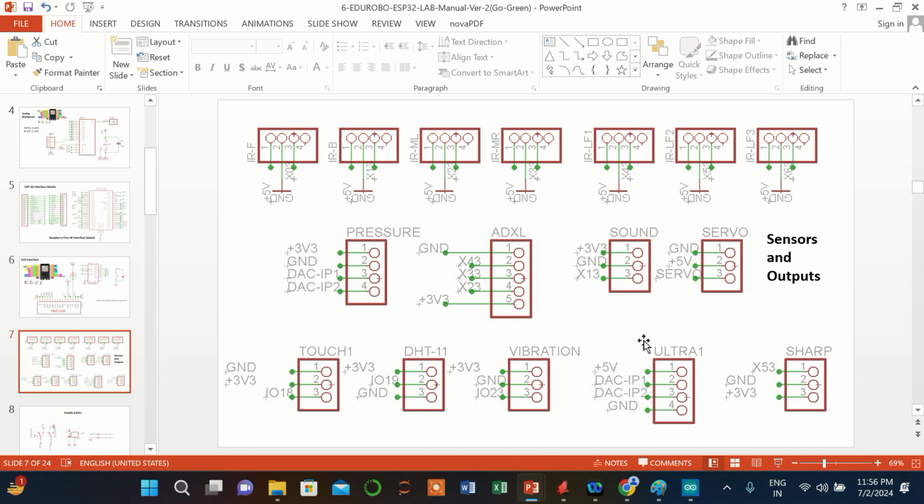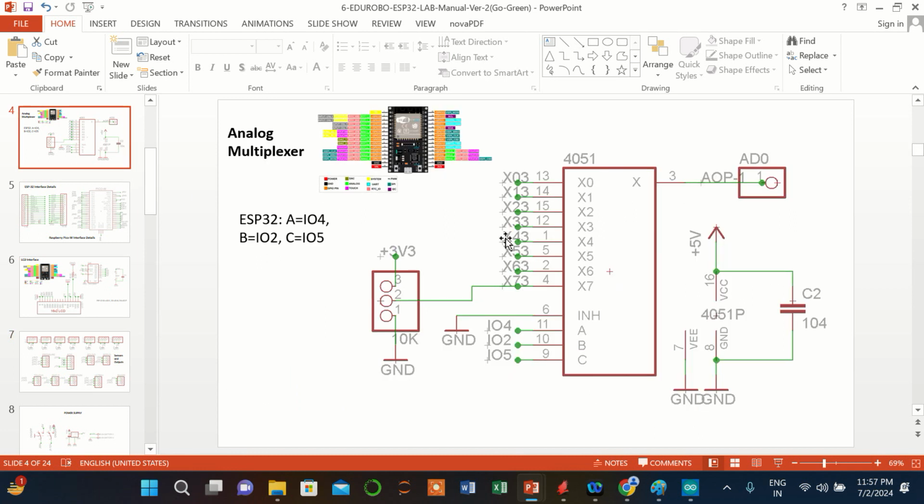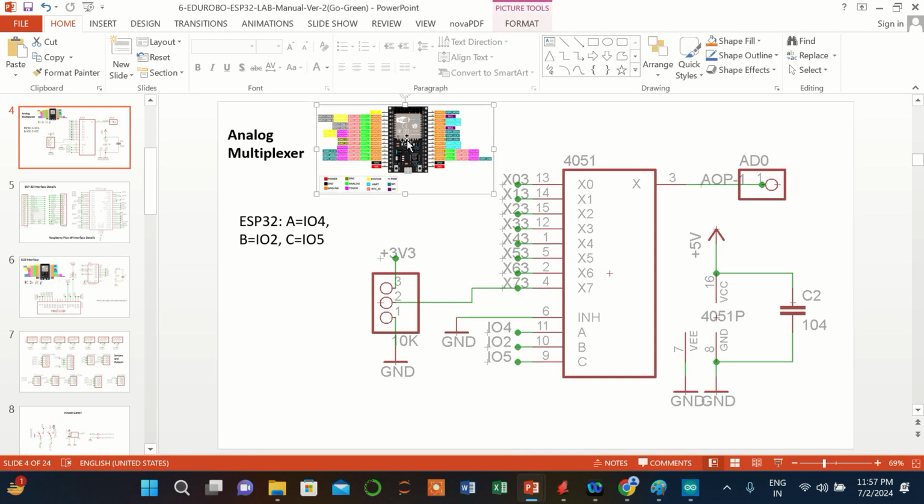You can connect any sensors because basically they are all connected to either analog channels or digital channels. Wherever X is written, X0, X1, X2, X3, X4, X5, X6, that means they are connected through the multiplexer. That means these analog signals are not directly connected to the microcontroller.